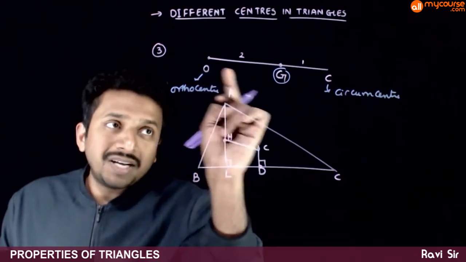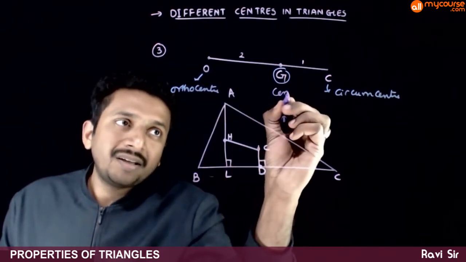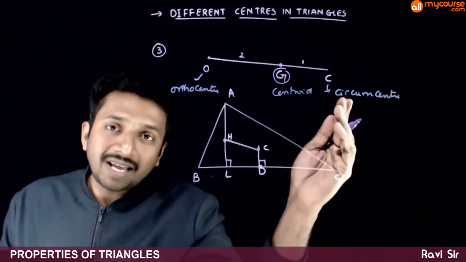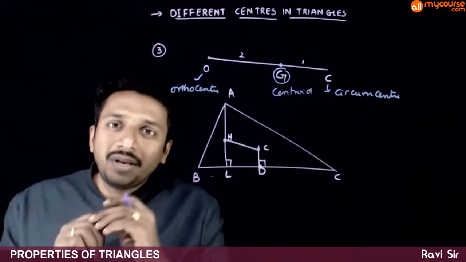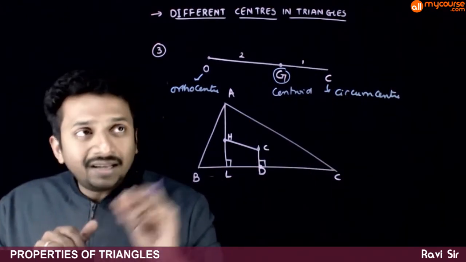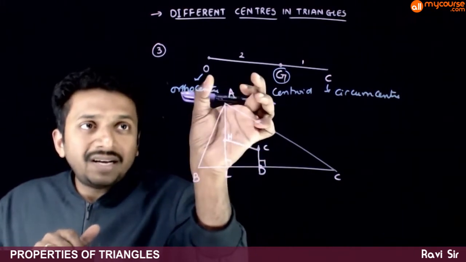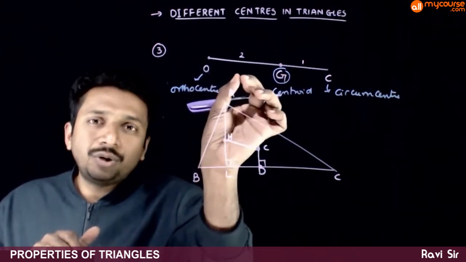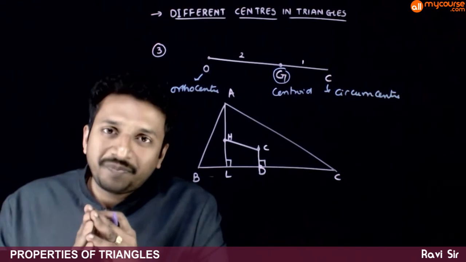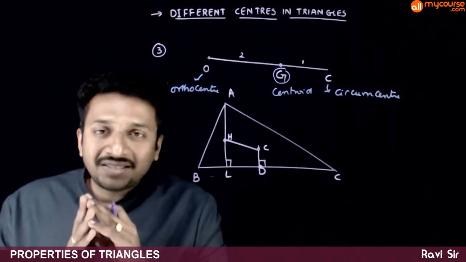So the orthocenter, the centroid and circumcenter will always be collinear in any triangle, and the centroid divides OC in the ratio 2:1. That's the property. So how can I prove this?